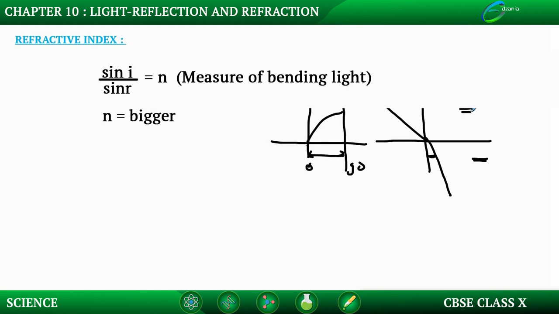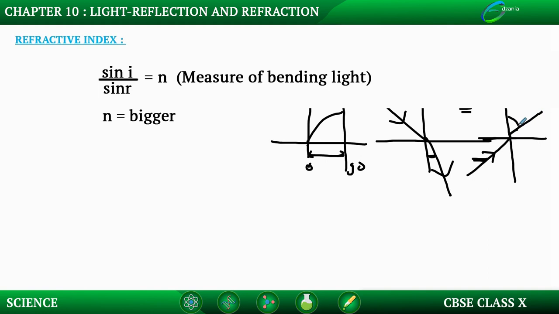And in the other case, when the light enters from a medium of higher density to lower density, sin r, and so also the angle r, will be bigger.